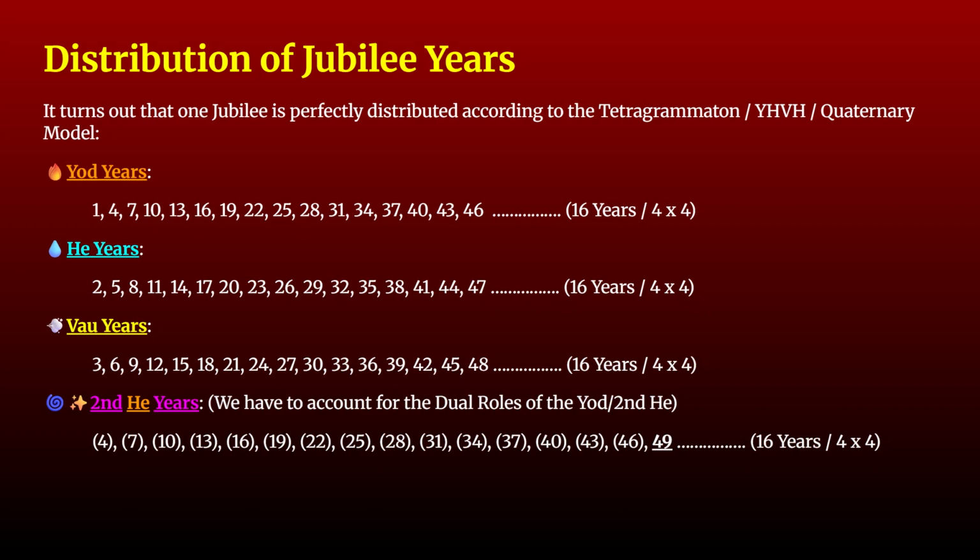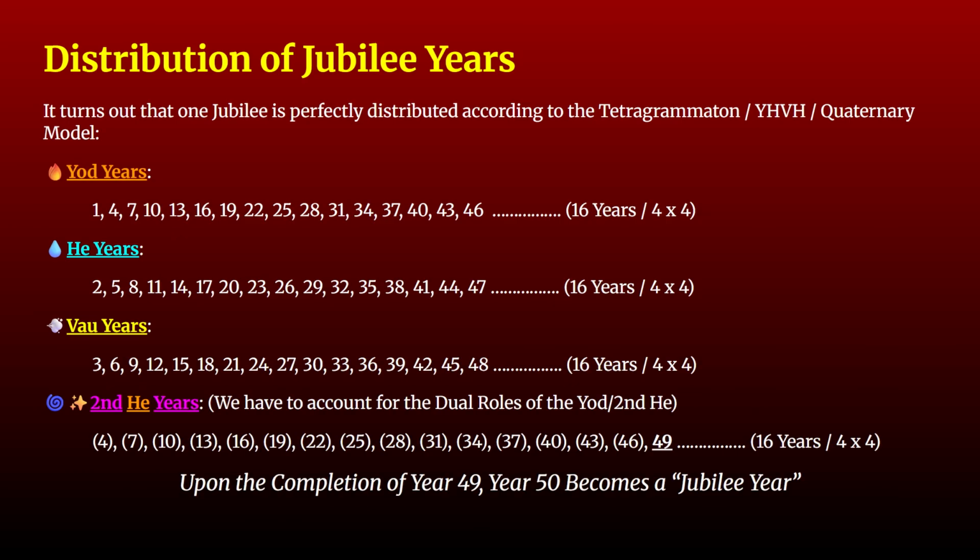That is 49 years. And then upon the completion of the 49th year, on that 50th year, that would be a Jubilee year. So one Jubilee period is 49 years. But the 50th year would also be the first year of the new Jubilee. Upon the completion of year 49, year 50 becomes a Jubilee year.